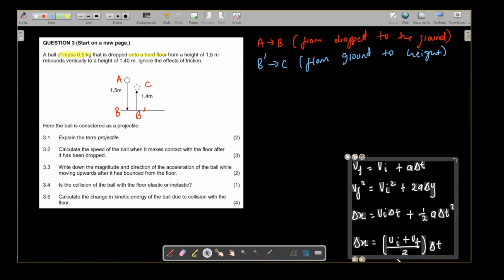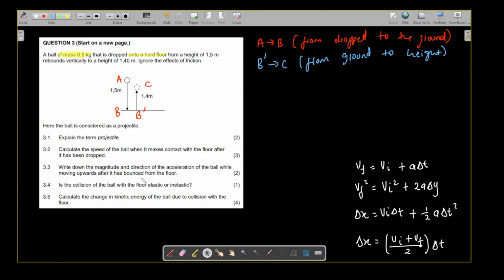Now the first question says explain why the ball is considered as a projectile. What is a projectile, guys? If you remember from the definitions, a projectile is an object which has been given an initial velocity and upon which the only force acting is the force of gravity.